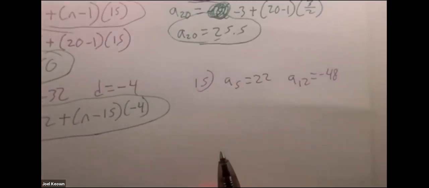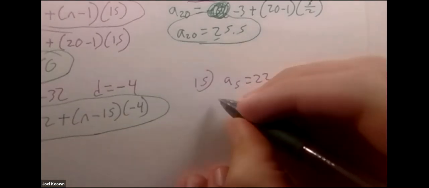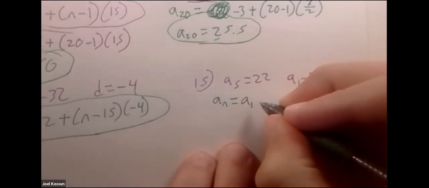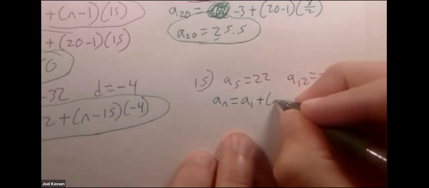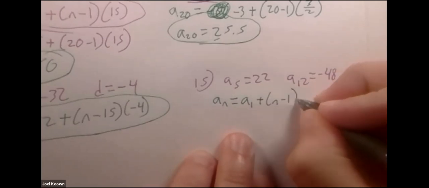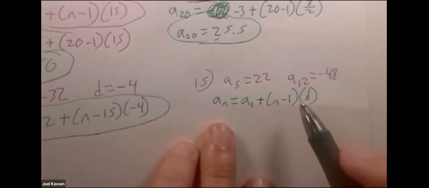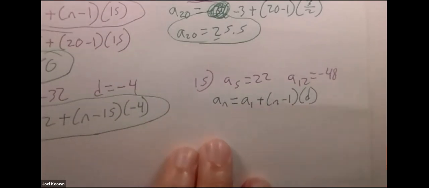Let's come over here. Now for this one, I don't have a common difference, and I need one. So I want to write out my rule just so you can see what I'm doing a little better. a sub 1 plus n minus 1 times d. Okay. So I need to be able to plug in for everything except d. And I'm going to change my rule.